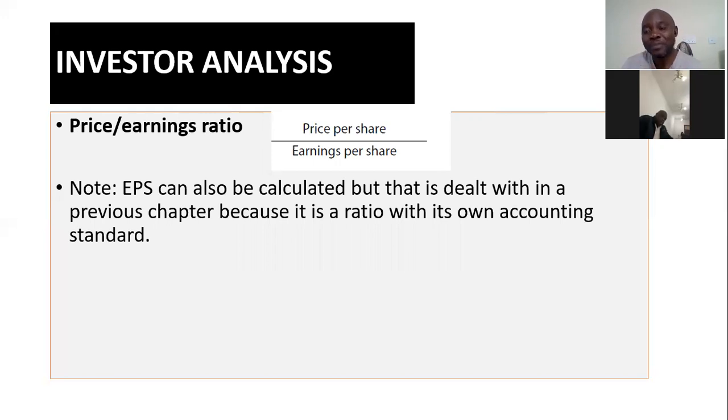Then it shows that the shareholders are so much in doubt with you as a company, because the price per share, which is the market price per share, is actually determined by demand and supply.